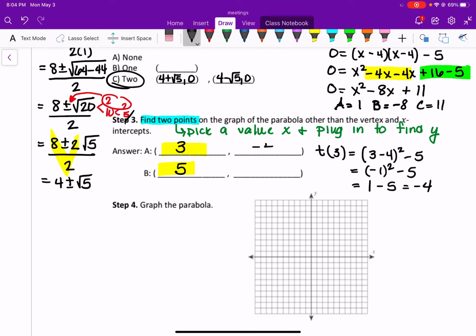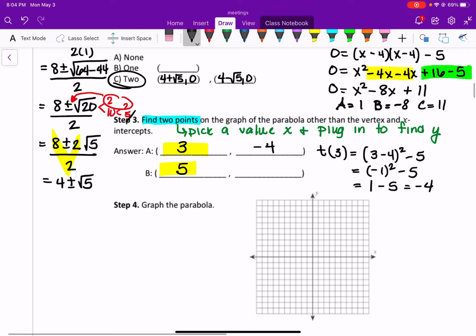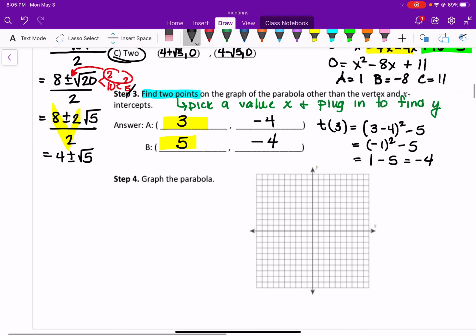So our y value here is negative 4. Again, if you don't believe me, you can do it, but we can do the same thing and plug 5 in. We'll also get negative 4. Remember that these graphs are symmetric, so whatever happens to a point that's 1 less than my vertex, the same thing happens for a point that's 1 more than my vertex. So we're going to graph our vertex, which is to the right 4 and down 5.